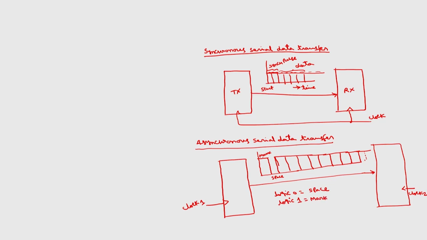So, this first mark represents that if the transmitter does not send any information, the data line will be in mark position.